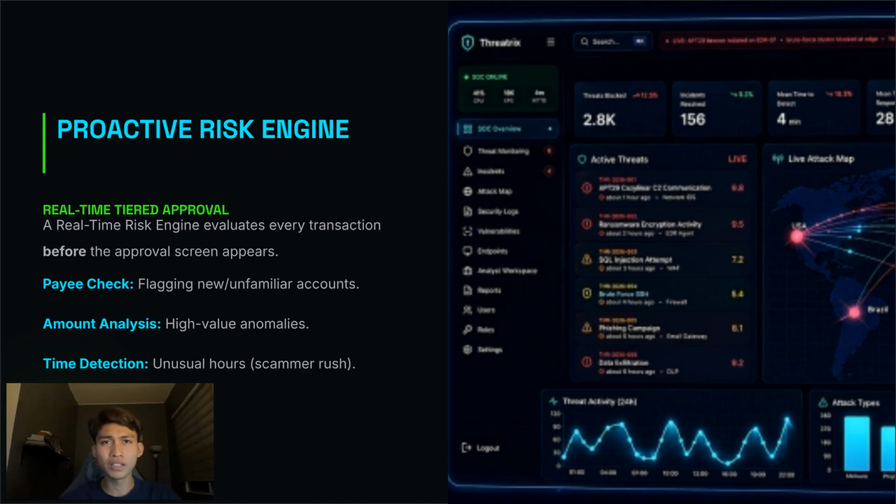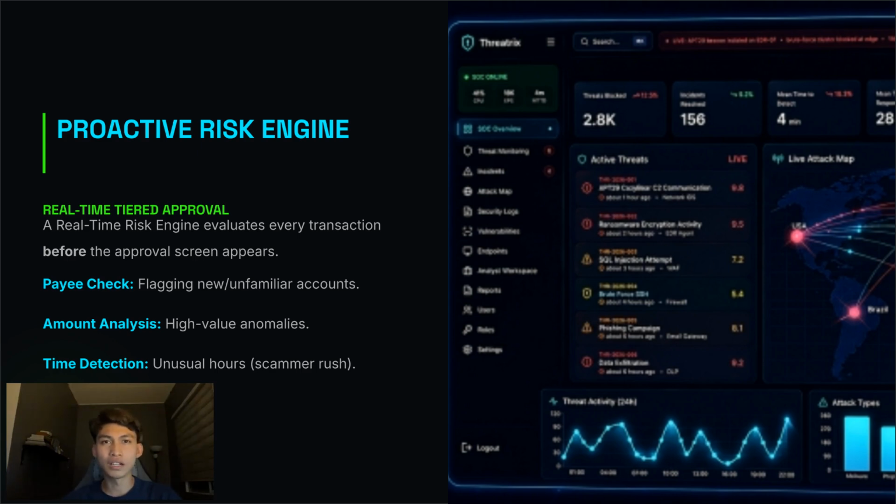First, payee identity checks. The engine queries whether the recipient account is a long-standing trusted beneficiary or a completely new account that the user has never interacted with before. Most scam setups involve routing funds instantly to an unfamiliar, newly introduced target account.